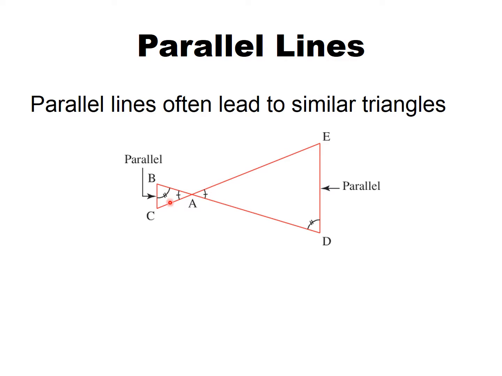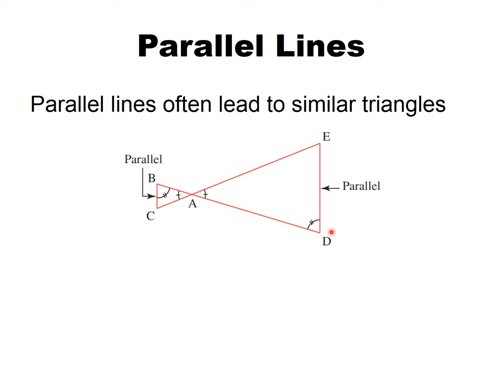Now if we look at these angles right in here, these are just opposite angles, and so they're going to be equal. Then look at this angle here and this angle here. Those are both formed by one line that crosses parallel lines, and we know that lines make the same angles with parallel lines, so this angle is equal to that angle.